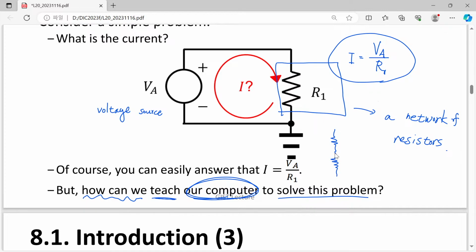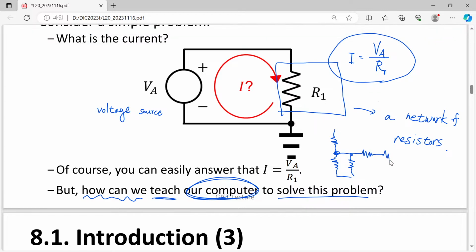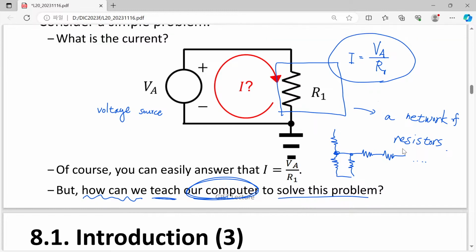Yes, it is not that difficult even to us. However, how about this one? If we introduce a parallel one and introduce another branch and another complication, although we understand the basic principle of circuit analysis, that would be quite tedious and difficult for us to get the really correct solution.